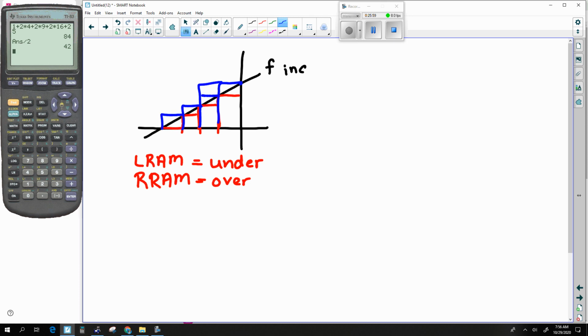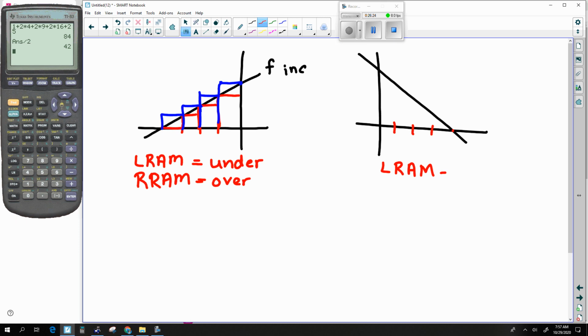Oops, I made a mistake on that one, sorry. Okay, so the RRAM would be an overestimate if it's increasing. If F is decreasing, okay, an LRAM, let's check it out. What is an LRAM if it's decreasing? So left-hand sides are determining everything.